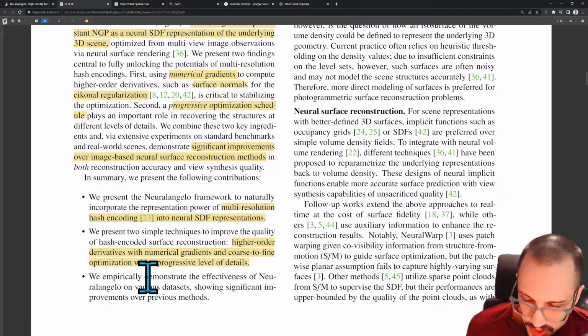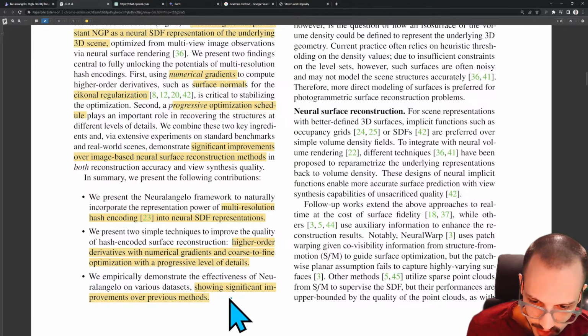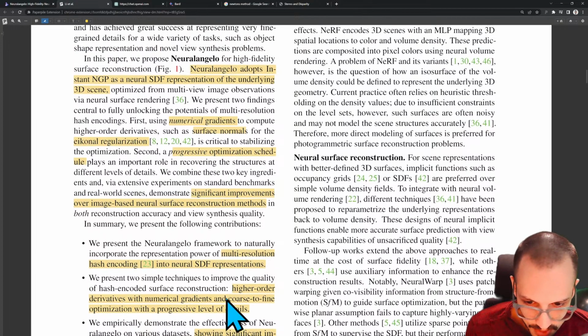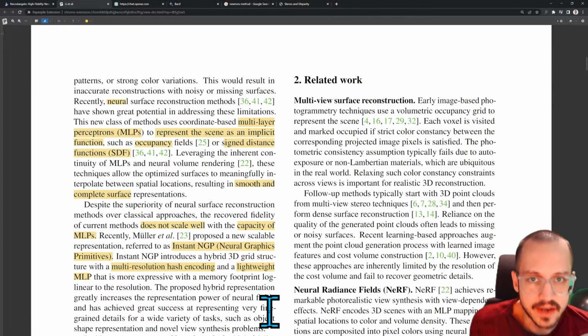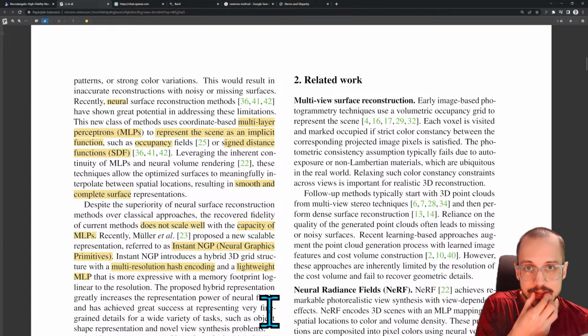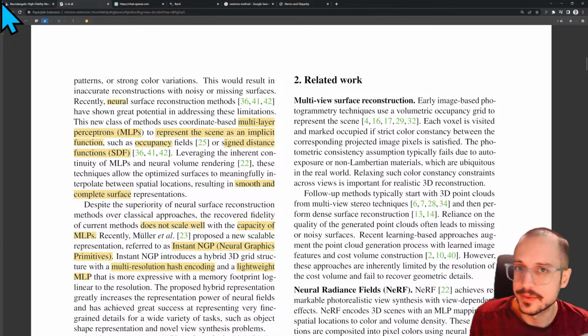We empirically demonstrate the effectiveness on various data sets, showing significant improvement. All right, so they combine 2 ideas, and then the last bullet point basically says that they extensively test those ideas.